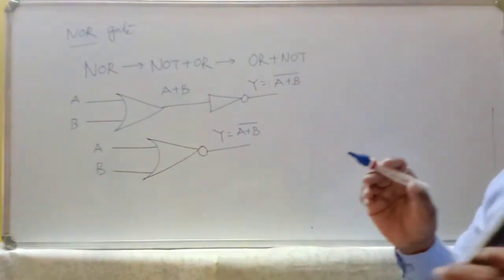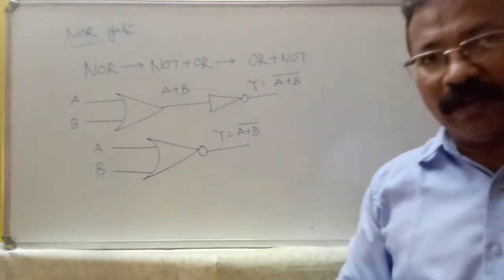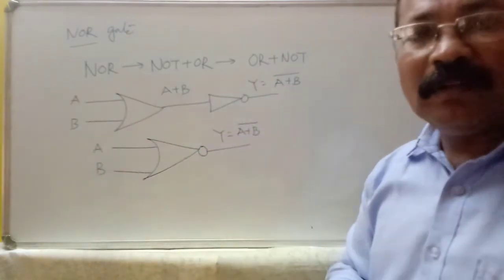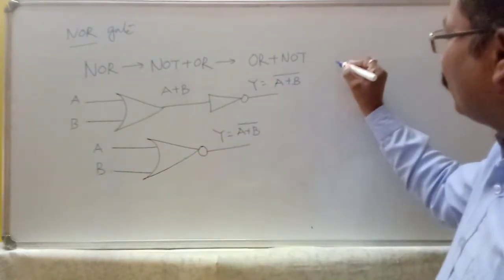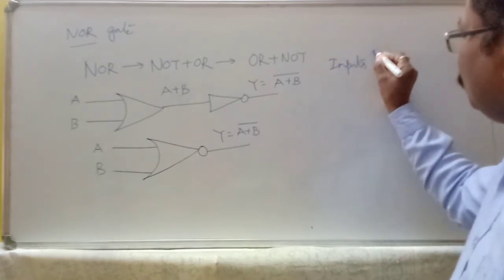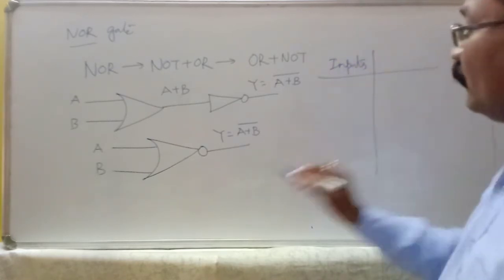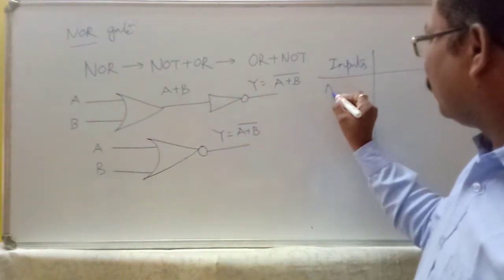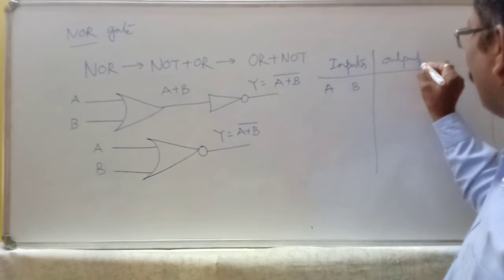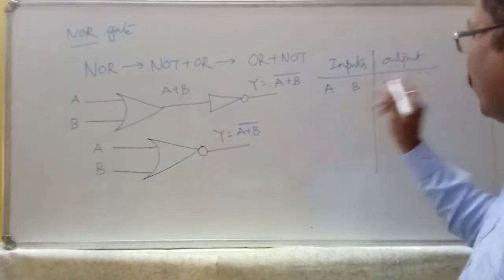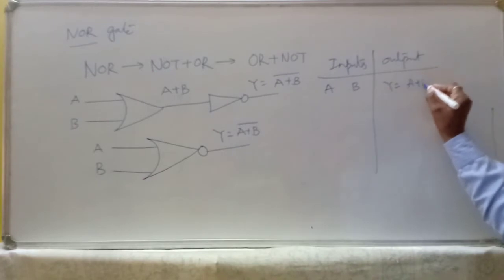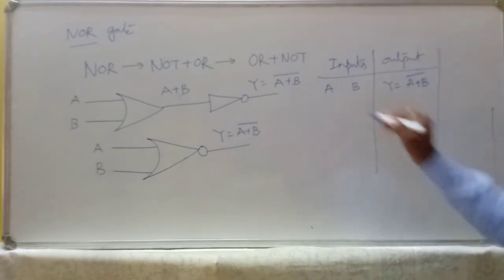Now let us see the behavior of this NOR gate. Here what are the inputs? There are two inputs here, A and B. What is the output? Y. What is Y here? (A plus B) complement.